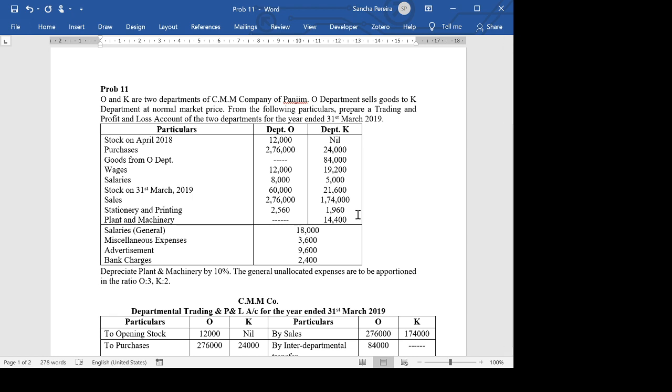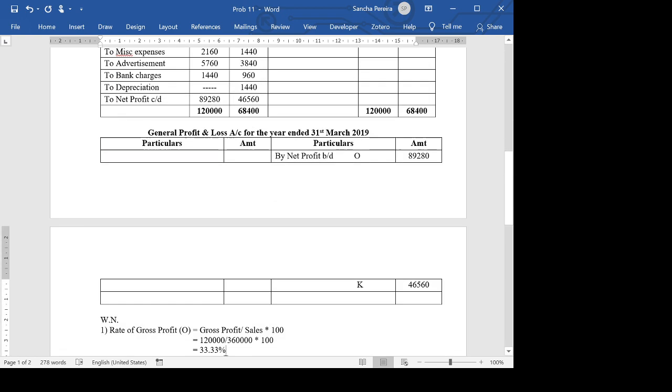So we need to make a proportional calculation. We need to see the total purchases of K, how much of the total purchases of K have come from O, and then check the stock and do a proportionate calculation.